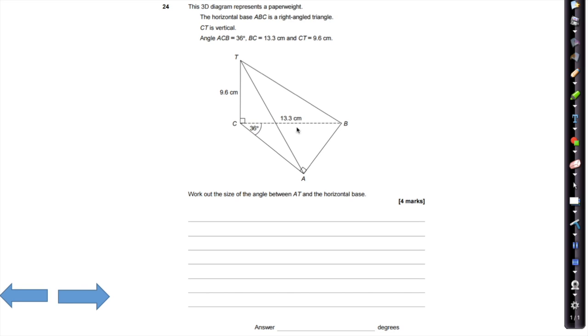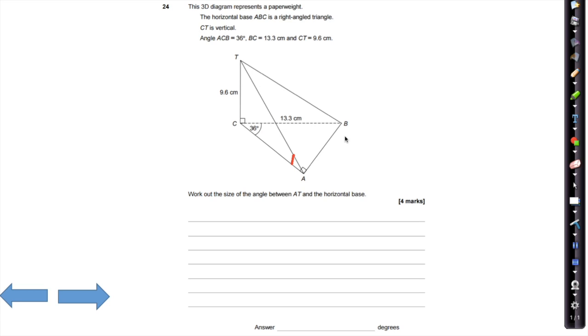Length BC is 13.3, and length CT is 9.6 centimeters. We've got to work out the size of the angle between AT and the horizontal base, i.e., if you can try and visualize it, it's this angle here. So AT and the horizontal base.